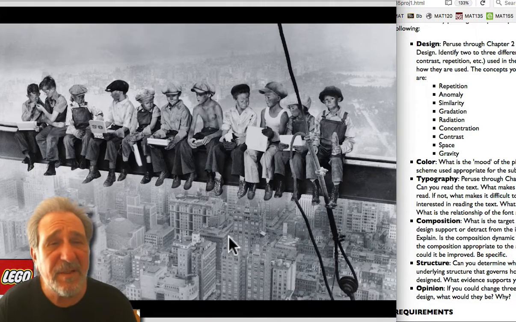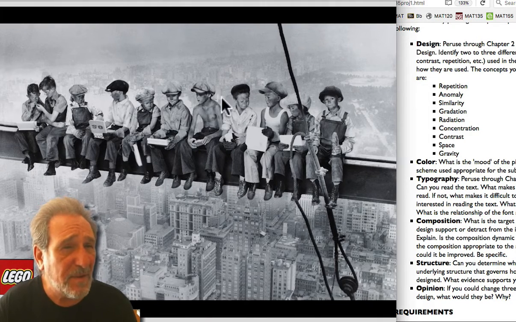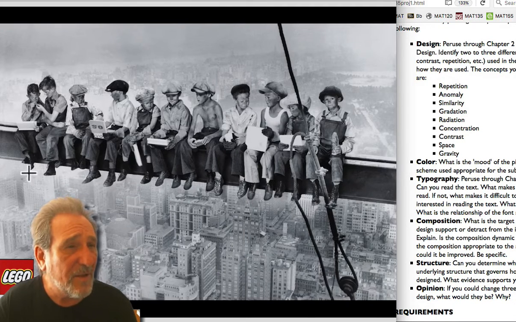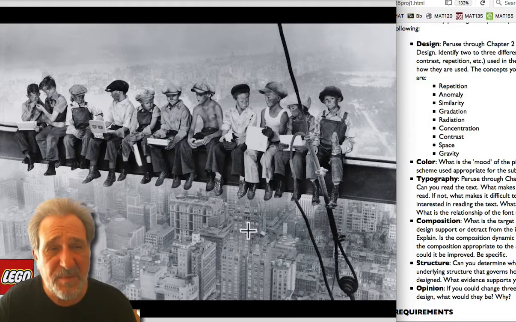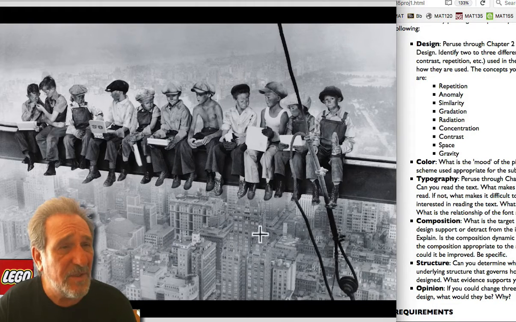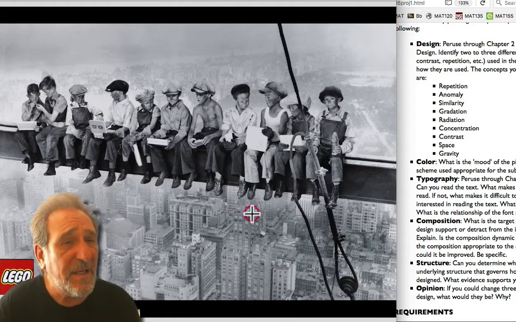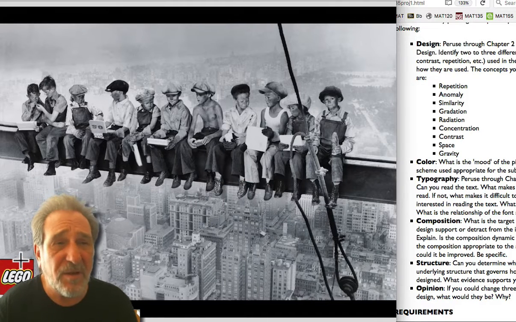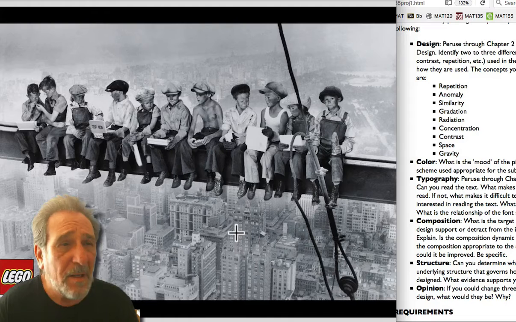This cute ad, heavily based on photography, has a very strong sense of similarity with all these kids hanging out on that big girder. A very strong sense of space because of the advancement of the image and the receding of the city below. A very strong anomaly with the red logo. What else do we have going on here?